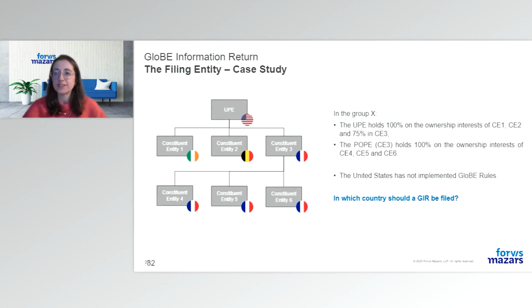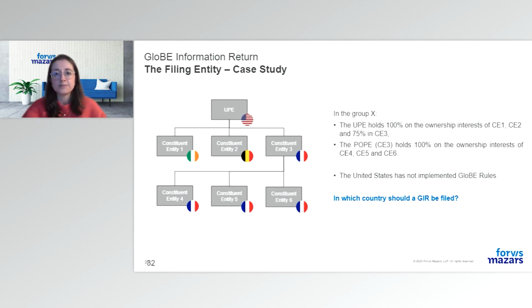So we have another case study here where you can see a US UPE that holds 100% of two constituent entities in Belgium and Ireland, and then 75% in CE3, which is a French constituent entity, and the French constituent entity holds shareholdings in 3 other constituent entities. So constituent entity 3 here is a POPE.